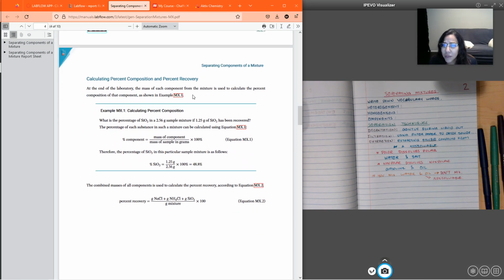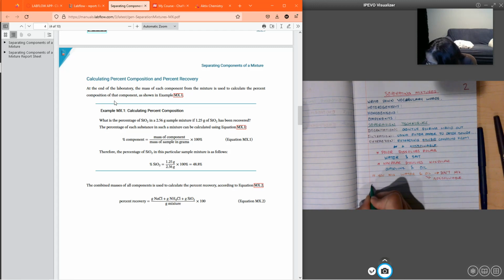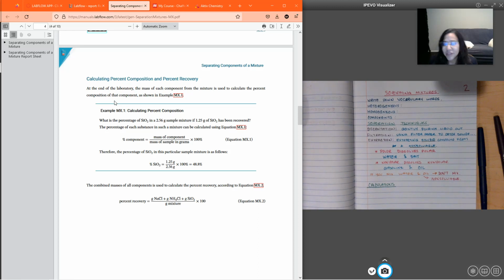Okay. Going into the next part, we want to learn how to calculate our percent compositions. So make a little section and it's going to be called calculations. All right. So calculating percent composition or your percent recovery of a substance.